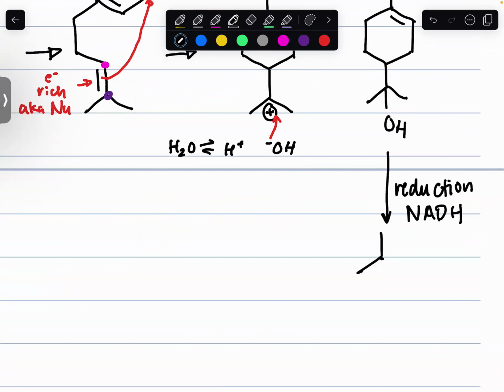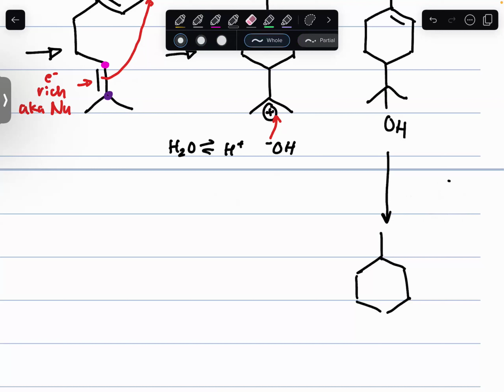And it is going to give us, well, it's not really a reduction. Maybe I shouldn't call it that. It's really more of a quaternization. We'll call it protonation.